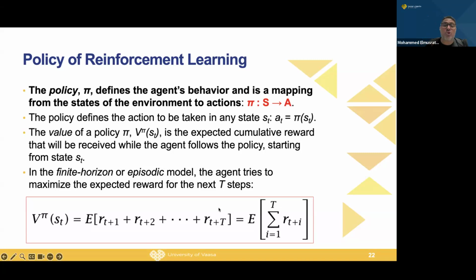So now, how to compute? This is V_pi of s_t. What is the meaning of V_pi of s_t? It means that you are at time t, at state s_t. As I said, now we talk about observable Markov. It is not hidden.